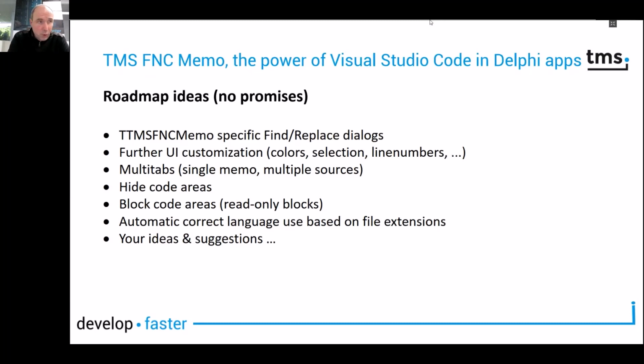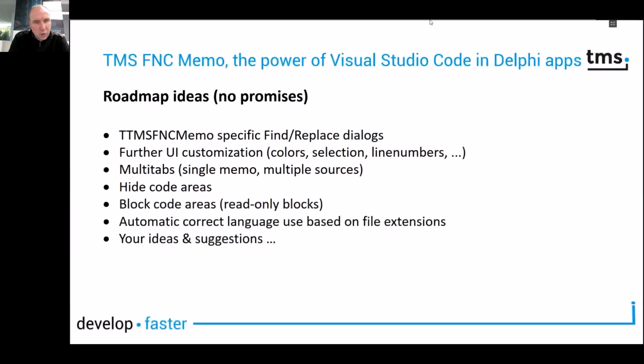We will also explore and work on further UI customization so that you can take full control over all things like how the selection color is in the memo, customize your own background color, how the line numbers are displayed, etc. Surface all these capabilities.